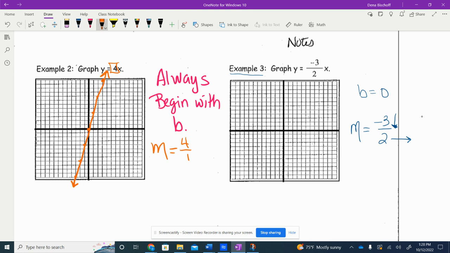So I'm going to begin at the origin, and from there I'm going to go down 1, 2, 3, and to the right 2. Then I'm going to connect my points with a line and make sure I add arrows.